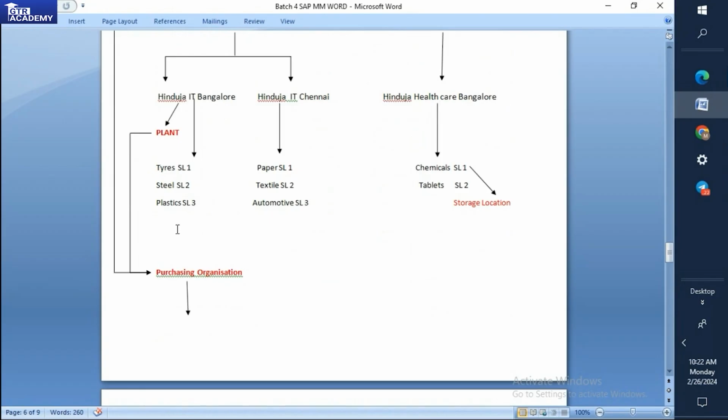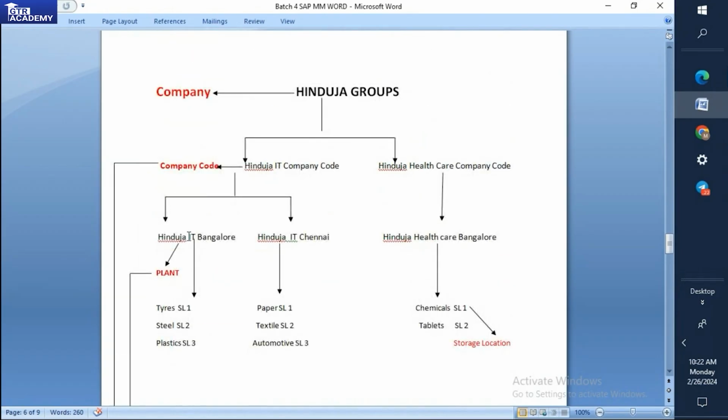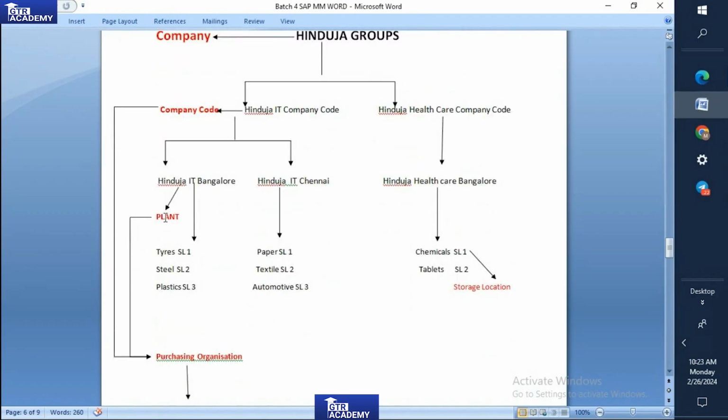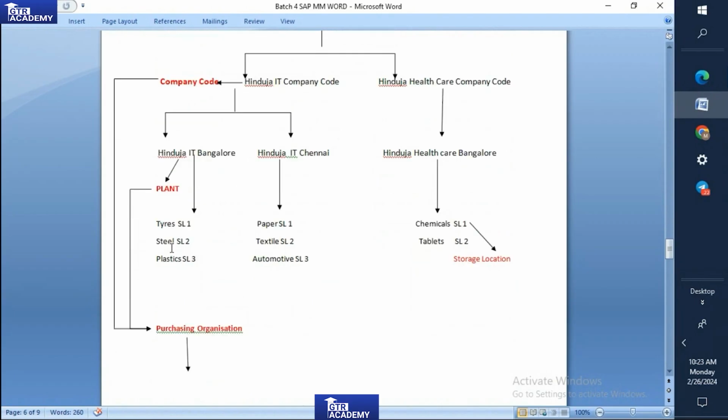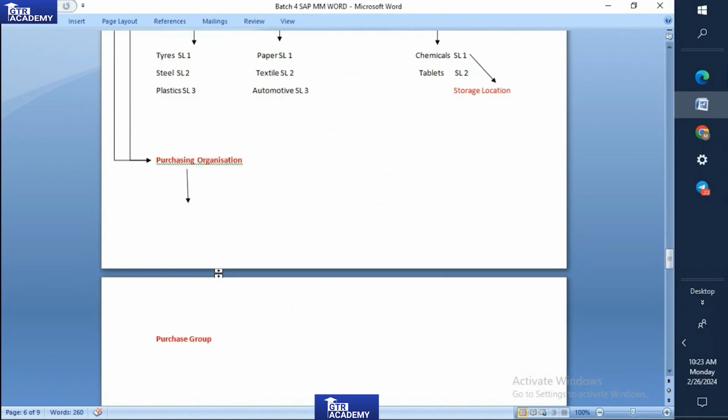Maybe in tomorrow's class we have to create the enterprise structure. Company and company code will not be created by the MM team. They will be created by the FI consultant. Our role starts from the plant. We have to create plant, storage location, purchase organization, and purchase group.